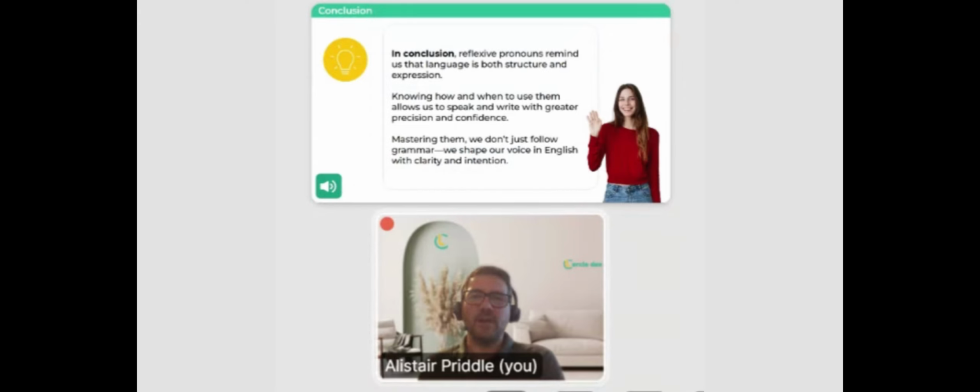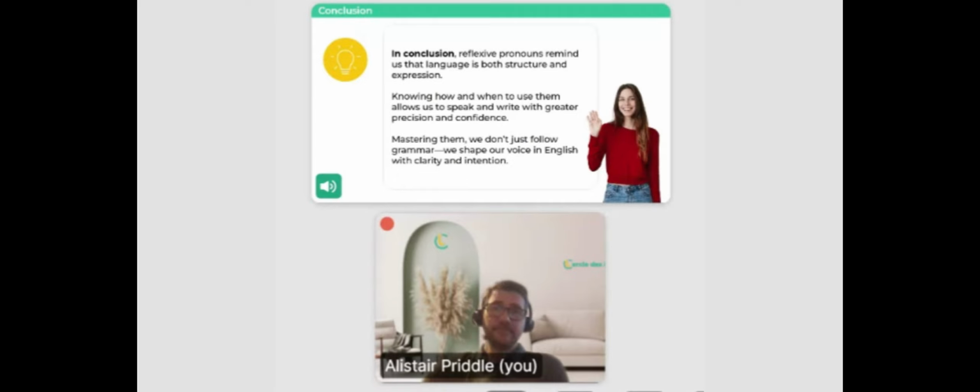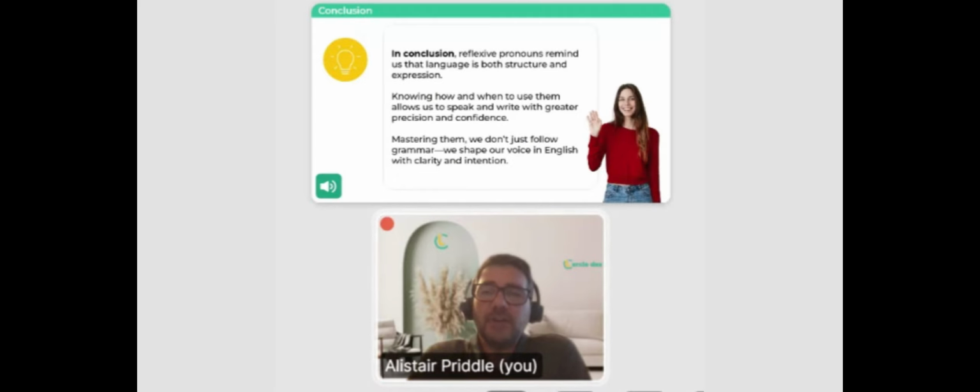Okay, guys, well, we are very close to the end of our reflexive lesson today. I'm going to read through our conclusion before we finish, however. So, in conclusion, reflexive pronouns remind us that language is both structure and expression, so both grammatical and emphasis.